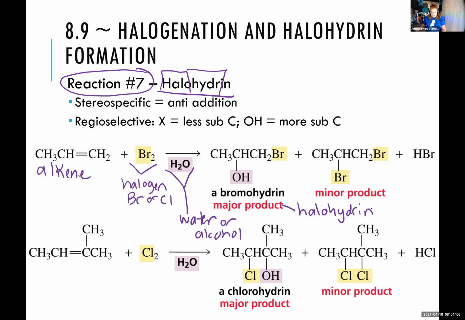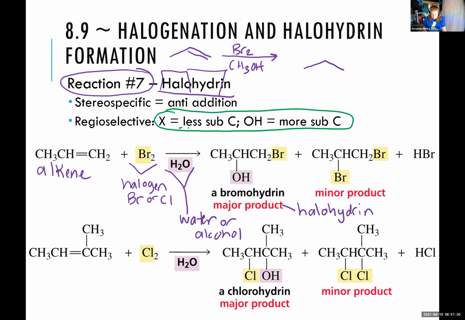If we did this with an alcohol, so I'm going to react this with Br2 and CH3OH. So there's my alcohol. That's my solvent. There's my carbon chain. My regioselectivity for this reaction right here.